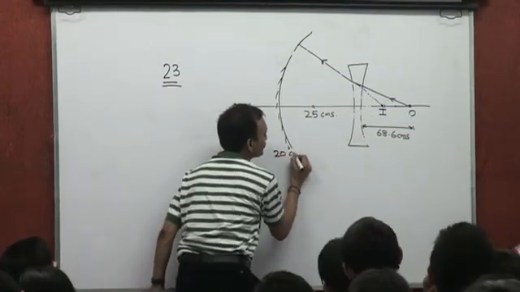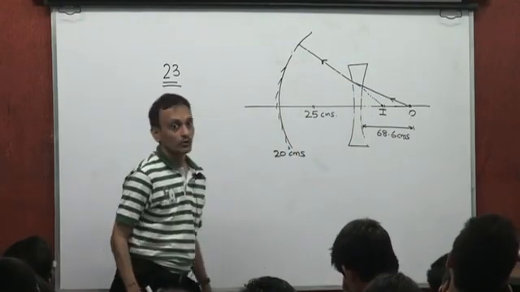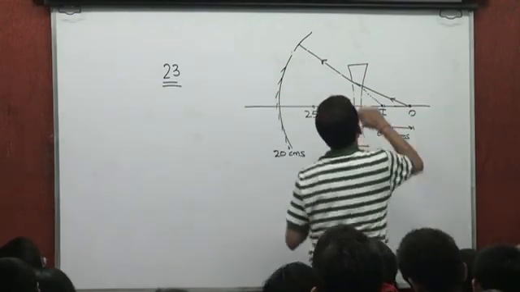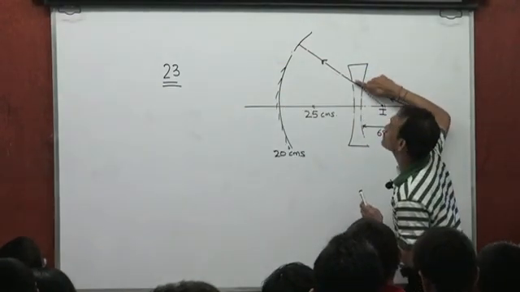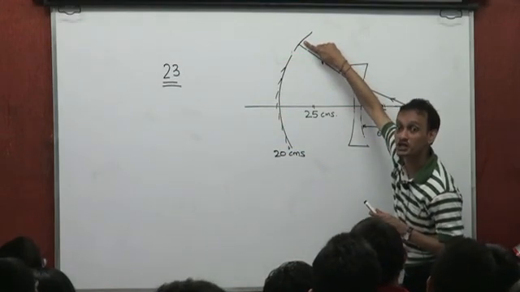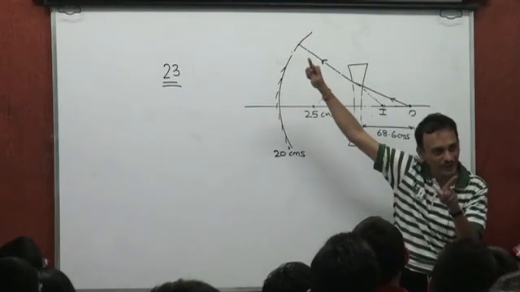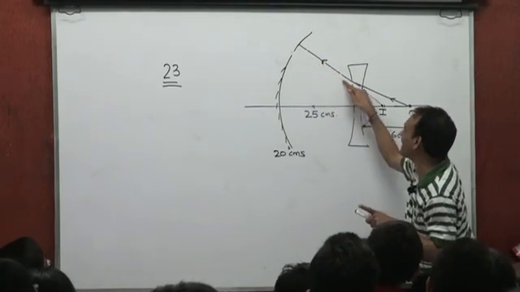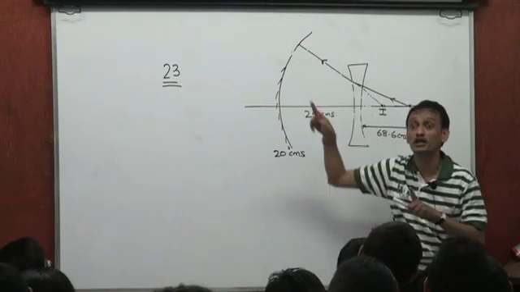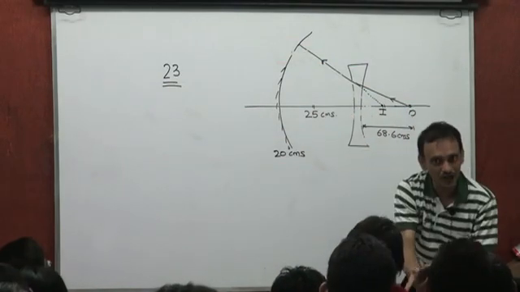20 centimeters is the focal length of this. The object is known to coincide with the image. That means this ray of light which emerges after refraction from the lens must be incident normally on the mirror, because you want this ray to retrace its path. A ray of light will retrace its path if it is incident normally on the mirror.